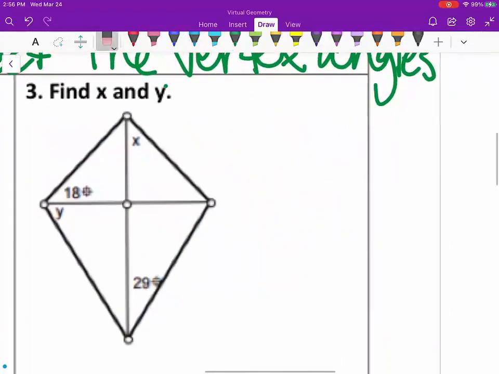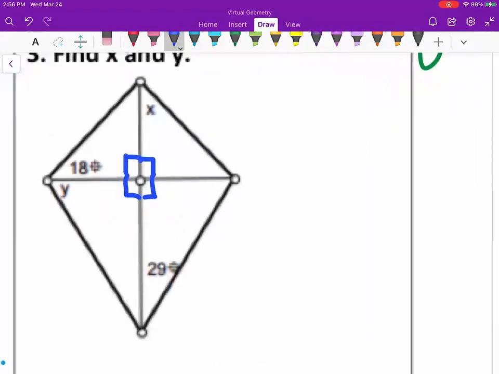Okay, example 3, find x and y. All right, so based on what I know from those properties, again, I know that in the center there are four 90-degree angles. If I have this 18-degree angle on the left, I also get it on the right.